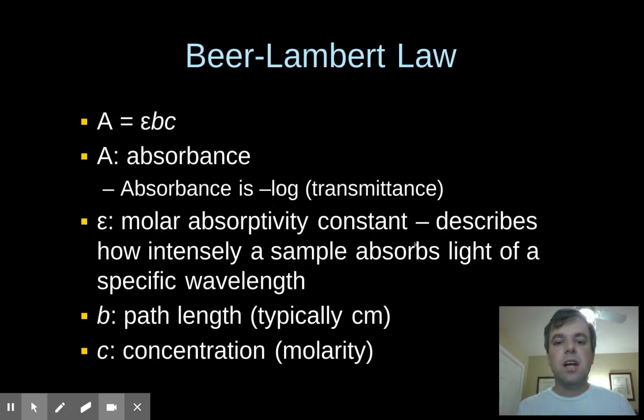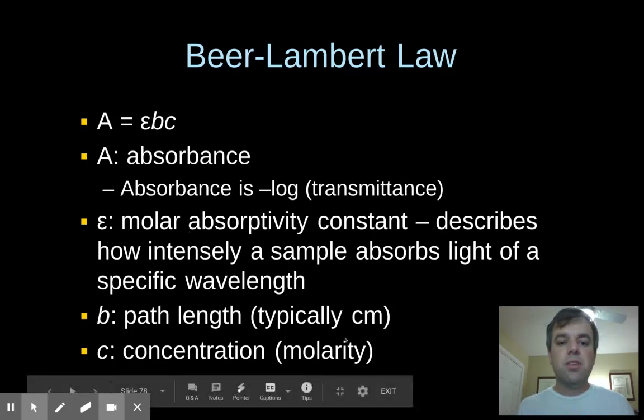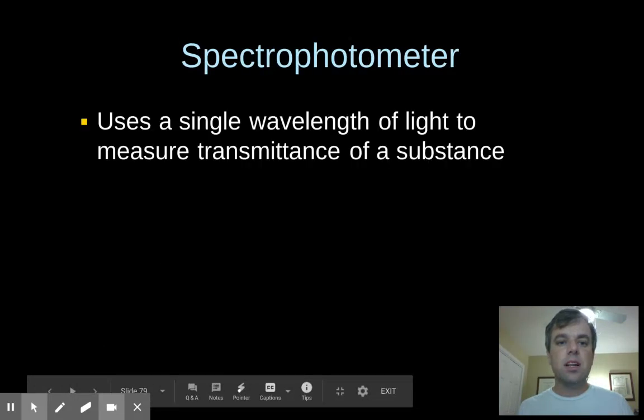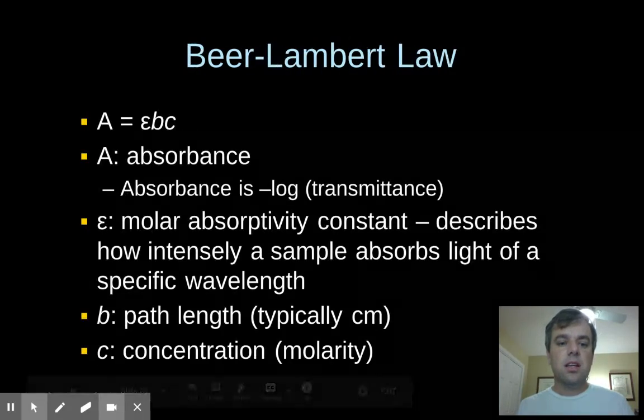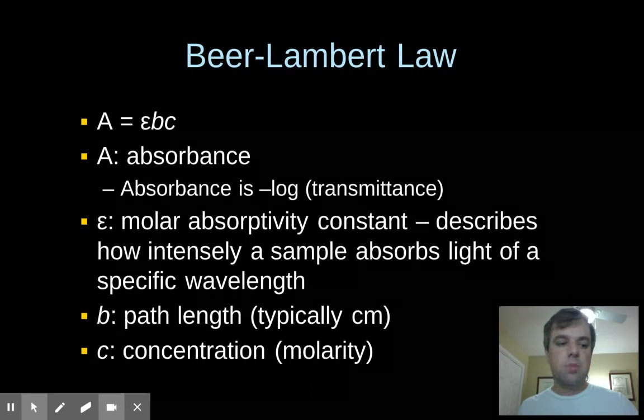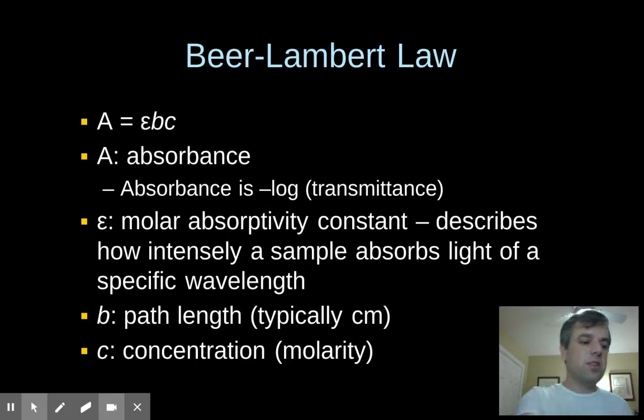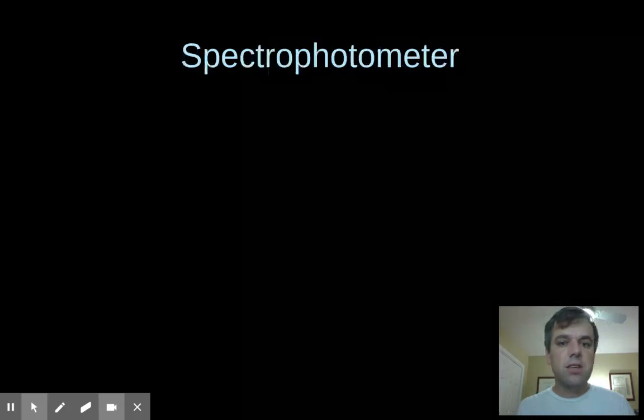Then you have your molar absorptivity constant, which describes how a particular substance absorbs light of a particular wavelength. So if you change the wavelength or you change the substance, you need a different molar absorptivity constant. Then b is the path length, and c is the concentration or the molarity. And the path length definitely makes a difference, which we'll see in a couple minutes.